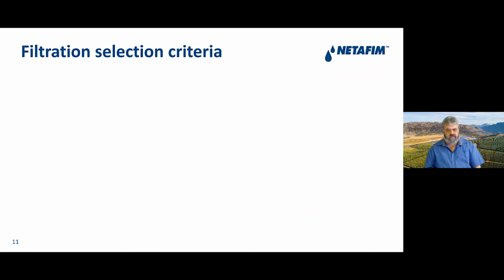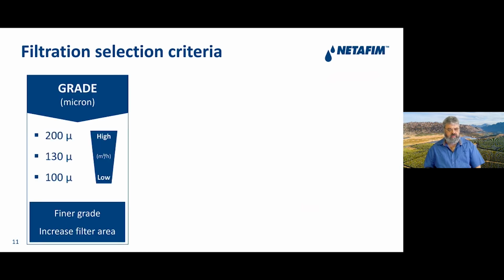Filter selection criteria continue. If you look at the filtration grade, I put 3 examples that are used the most commonly in the irrigation industry: 200 micron, 150 micron, and 100 micron. The 100 micron is much finer. It's double the fineness of the 200 micron.